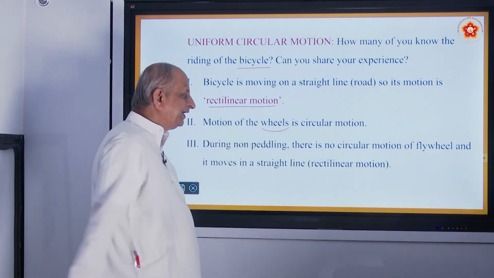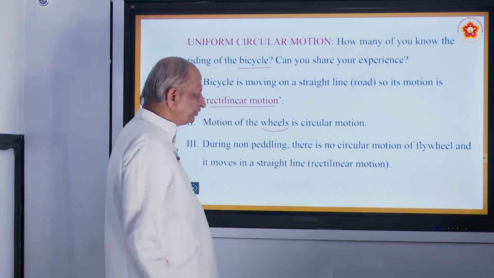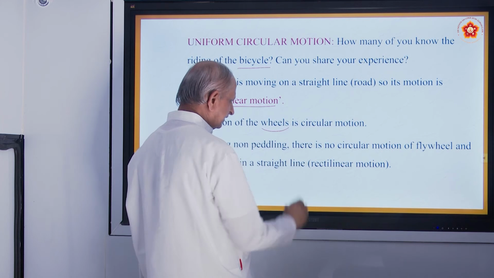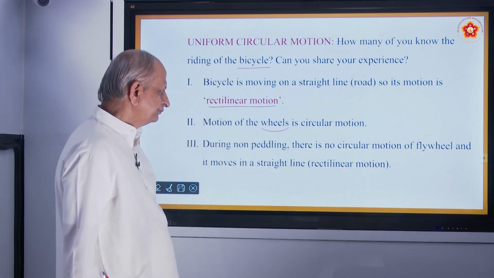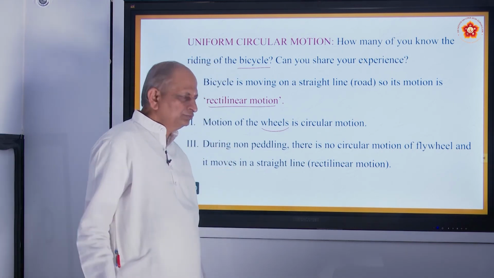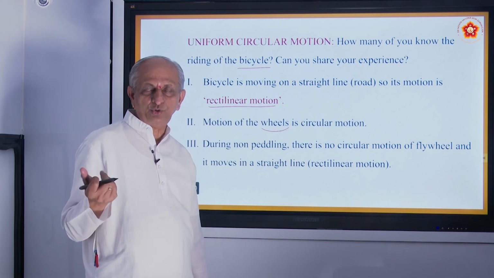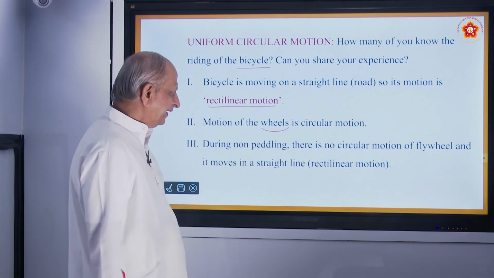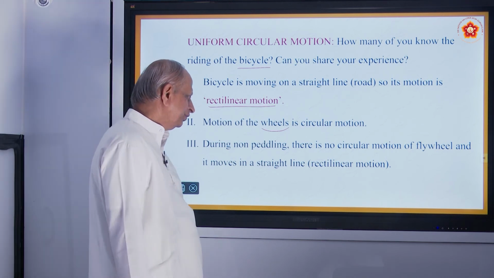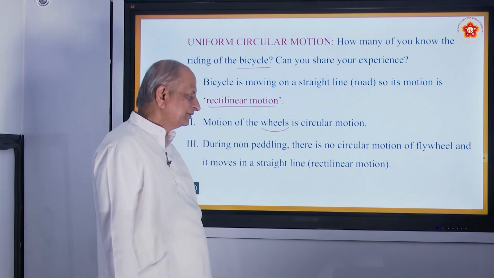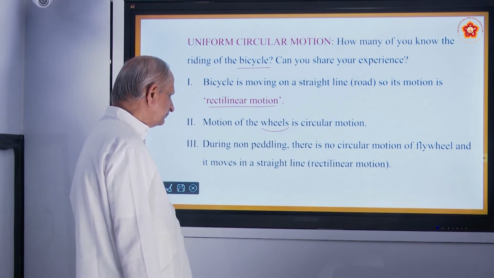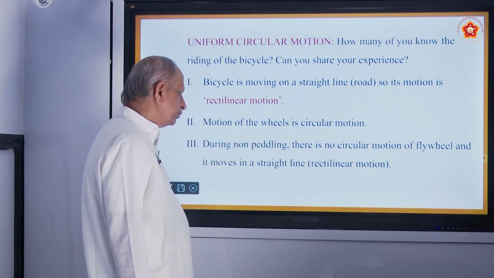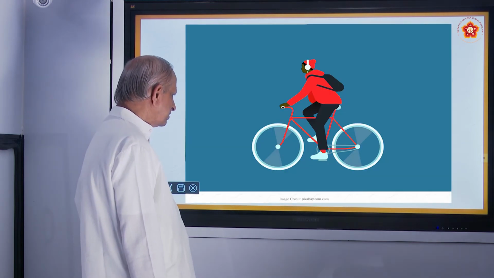When you are not pedaling it, there is no circular motion of the flywheel and it moves in a straight line. When you don't pedal, if you are going down, then there will be rectilinear motion, and the wheel will be in motion. So that is the position.